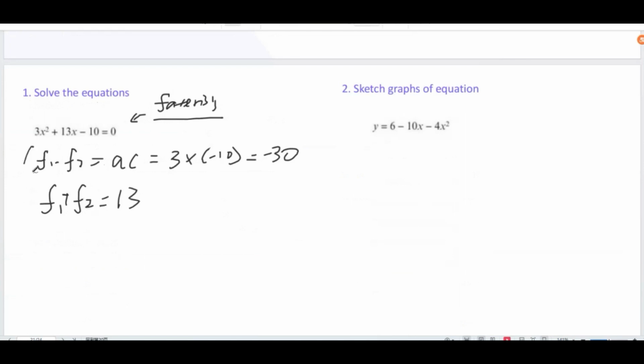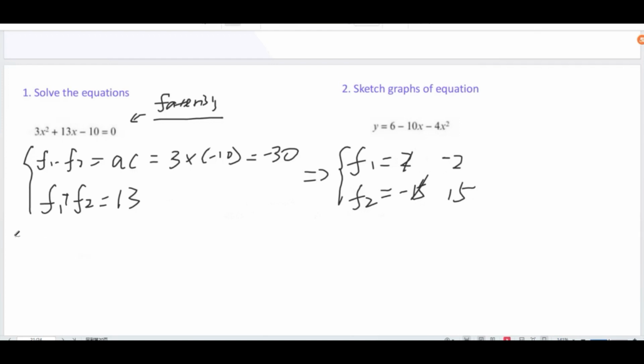So f1, f2 can be equal to 2 and negative 15. Sorry, no, it is negative 2, positive 15.